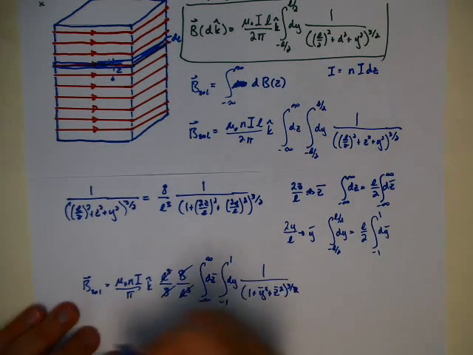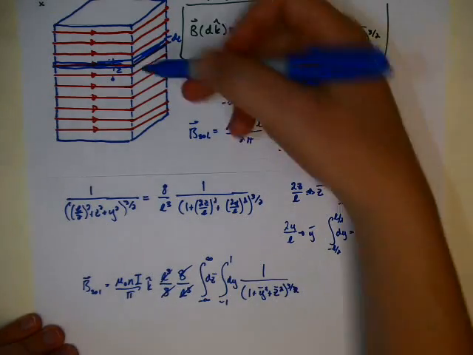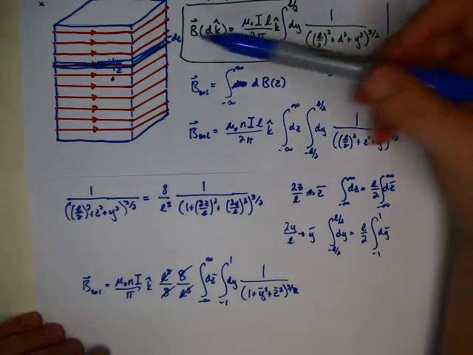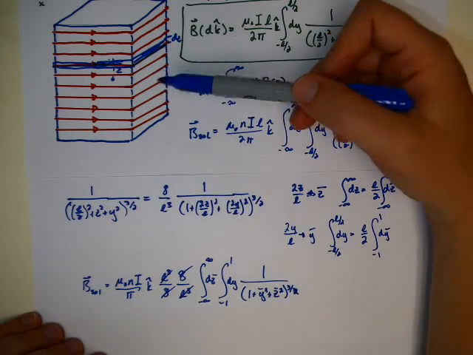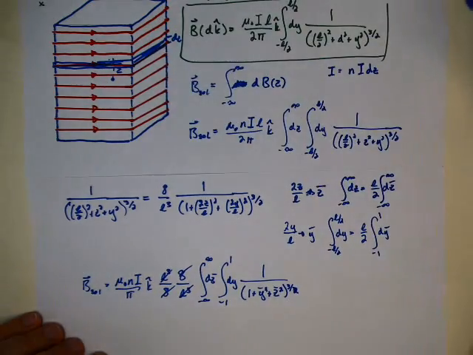And so we get the result that at least we show that it's independent of L. So we kind of knew this before. It doesn't matter how big your solenoid is or what shape it's in. And so here we've shown that it's independent of the size of the solenoid. We've shown it for a circular thing.